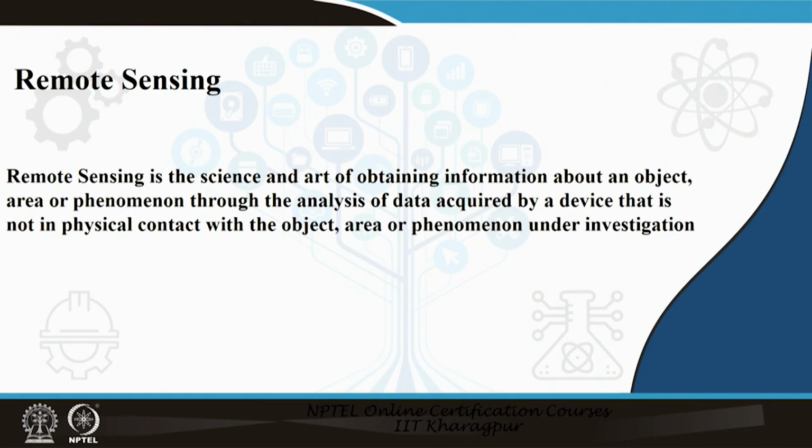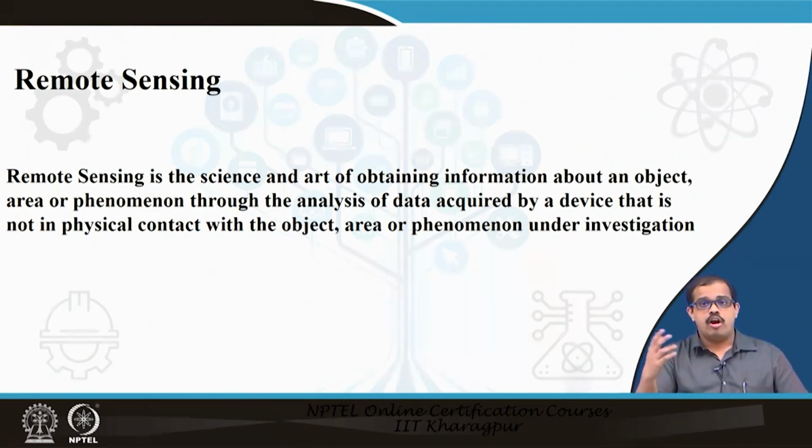It may be a landslide, an earthquake, a forest fire, or floods. So it can be an object, an area or a phenomenon, through the analysis of data acquired by a device that is not in physical contact.